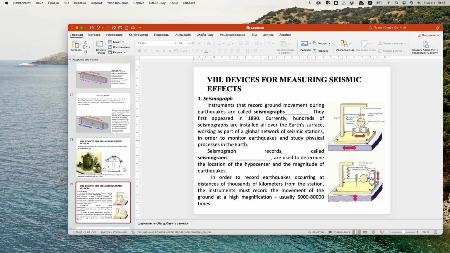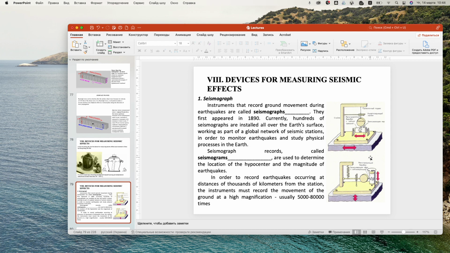If we add one more of this device, but rotate it in this direction, we will get another record of the same earthquake, but in horizontal direction. As I told you previously, when we are considering an earthquake, there is vertical direction, and there is horizontal movement in this direction.